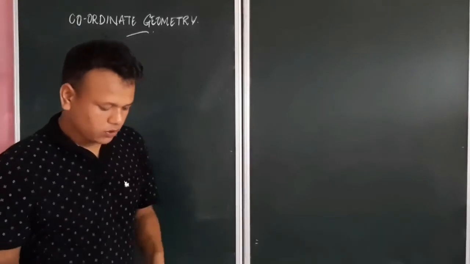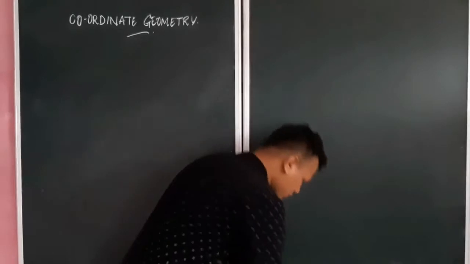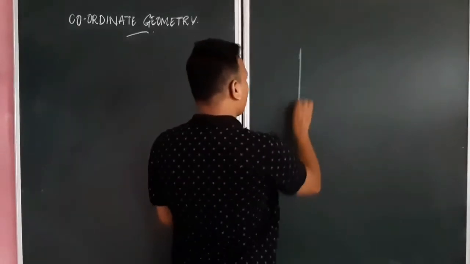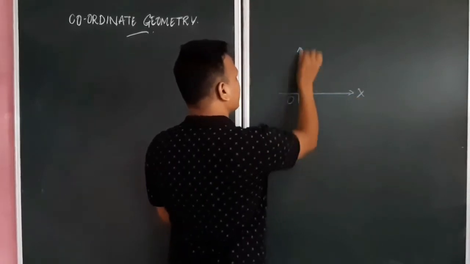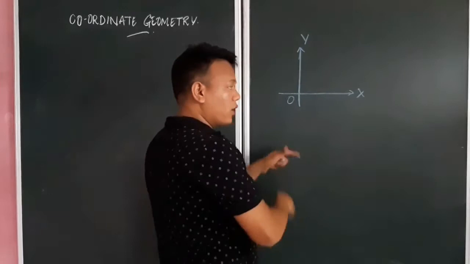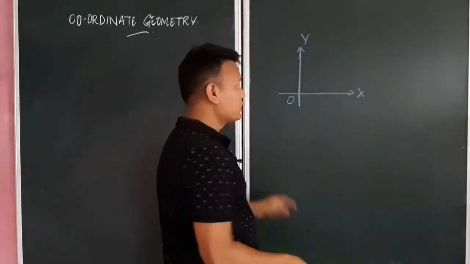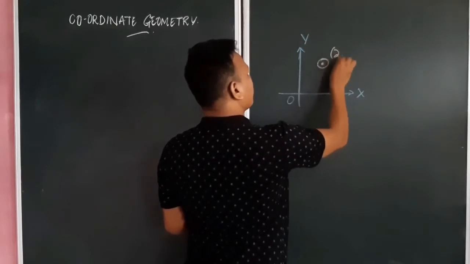If you are not clear with the question, let me quickly draw the diagram and show what is the meaning of this. So we have coordinate axes. This is my x-axis, this is my origin, and this is my y-axis. Now there is a point (2, 3) on this rectangular coordinate system, and (2, 3) might be somewhere over here. So this is my rough diagram.